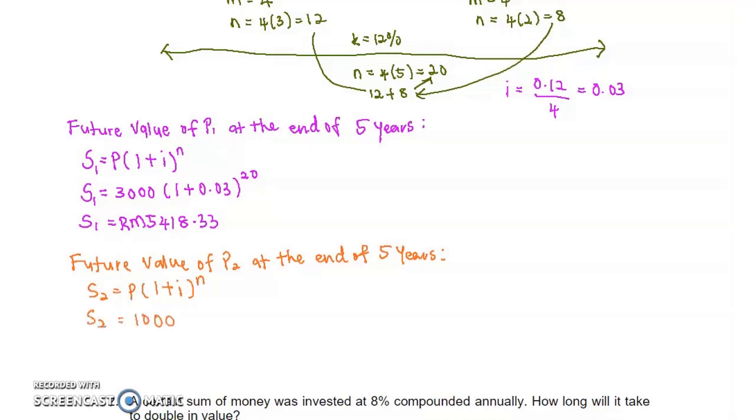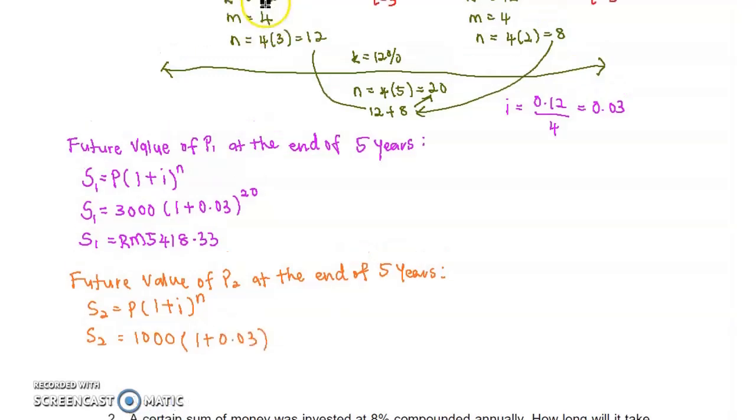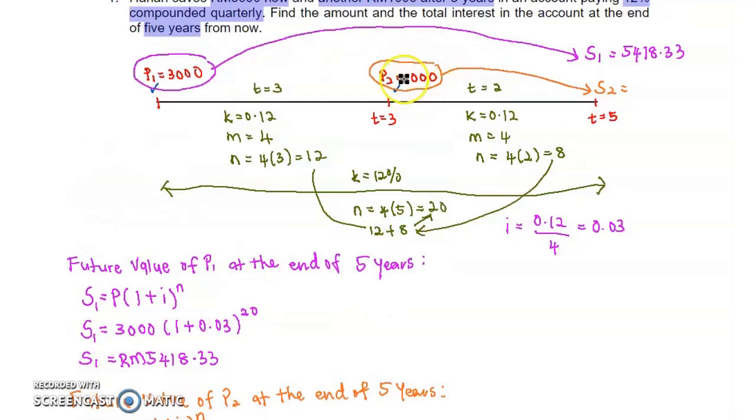P is 1000, the second principle just now, 1000. I is still the same, we only have one rate. Okay, be careful with value n. So the second principle just now was at the end of 3 years, right? So we keep it another 2 years.